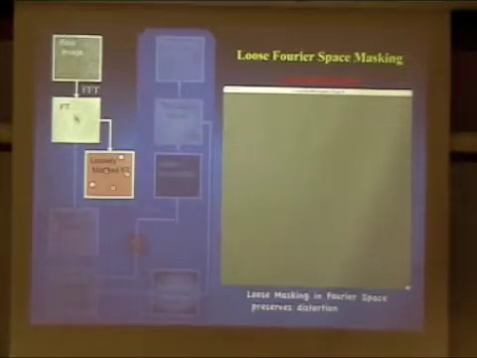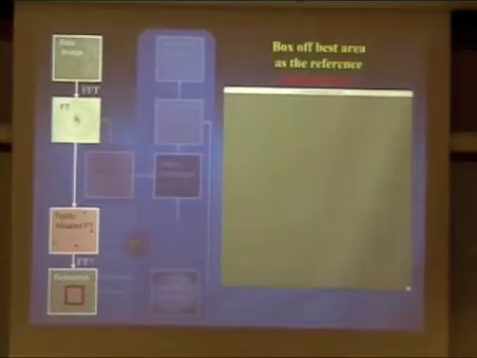So, those are the two. Now we come back to the tightly masked part. With that tightly masked filtered image, we can pick what we consider the best area on the crystal. It's usually a small portion of the image, and I need to apologize to those who did the practical on the first day.